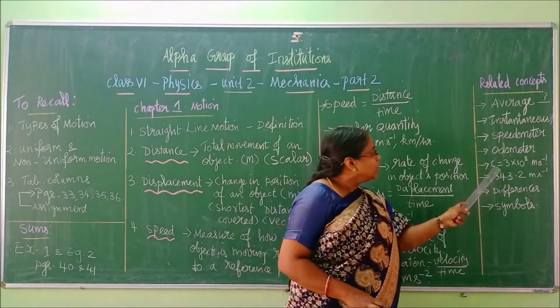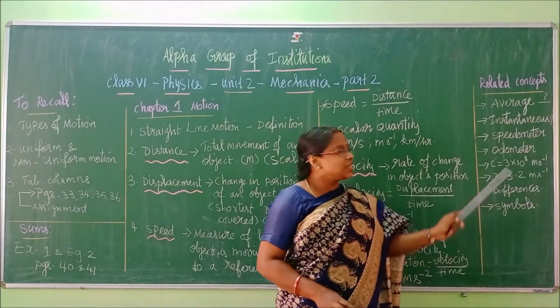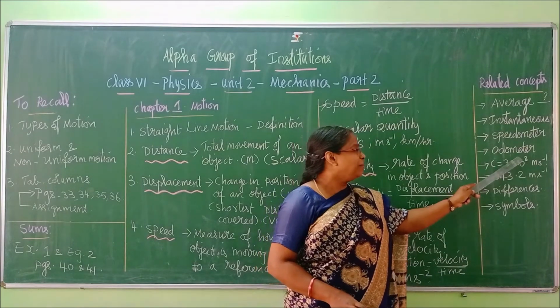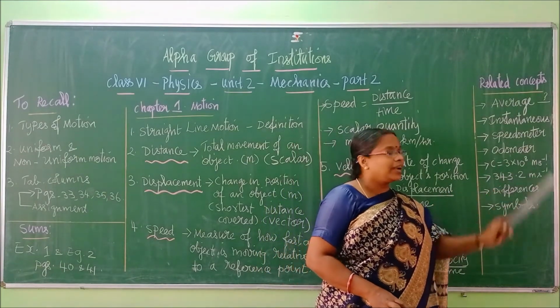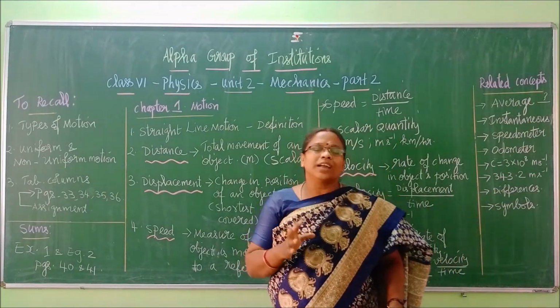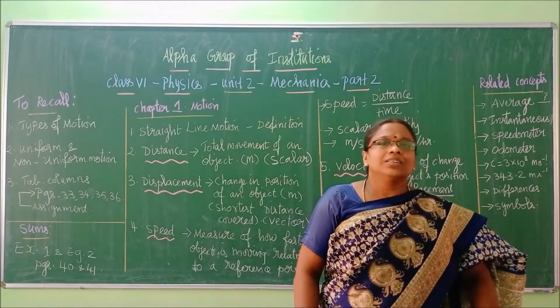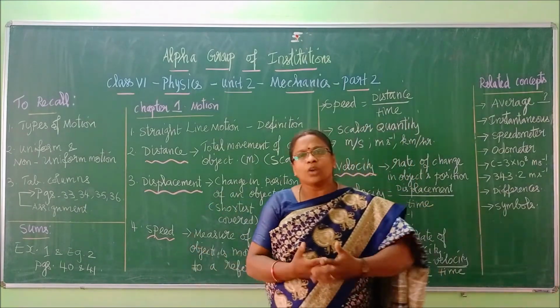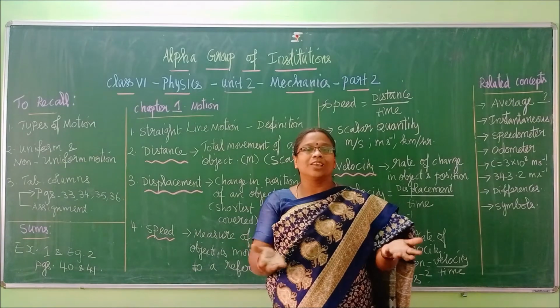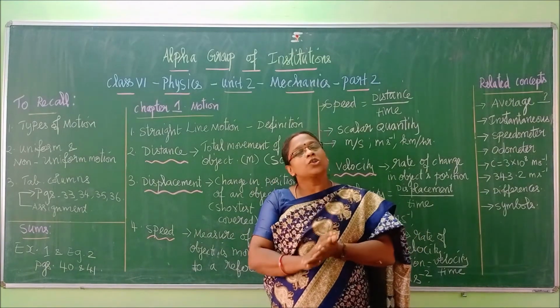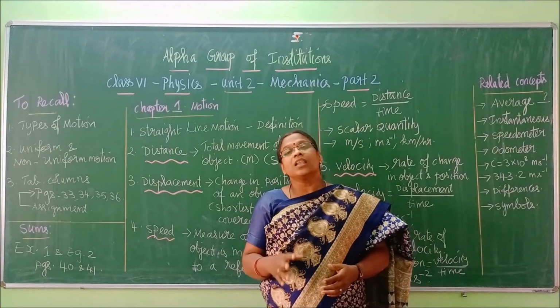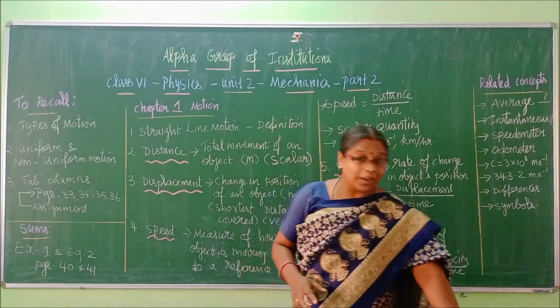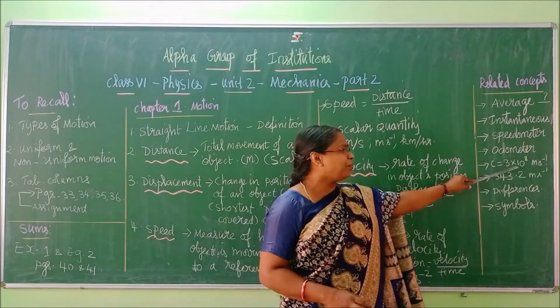Now, here I have given one value: c is equal to 3 into 10 power 8 meter per second. There is one scientific discovery, children. The normal light, what we see in this world, how I am seeing you, how you are seeing me, that is all due to light. This light travels with this much speed, 3 into 10 power 8.